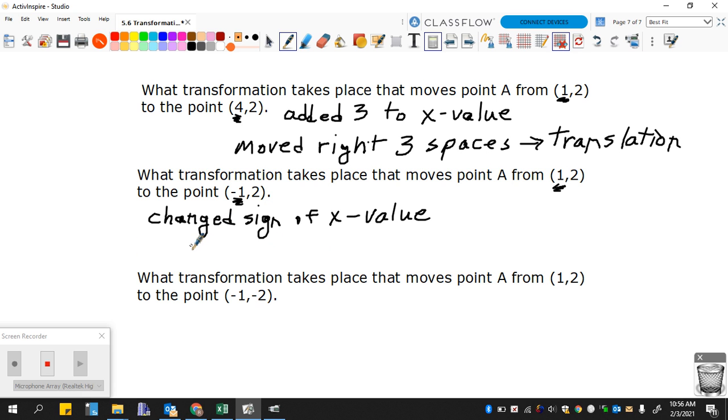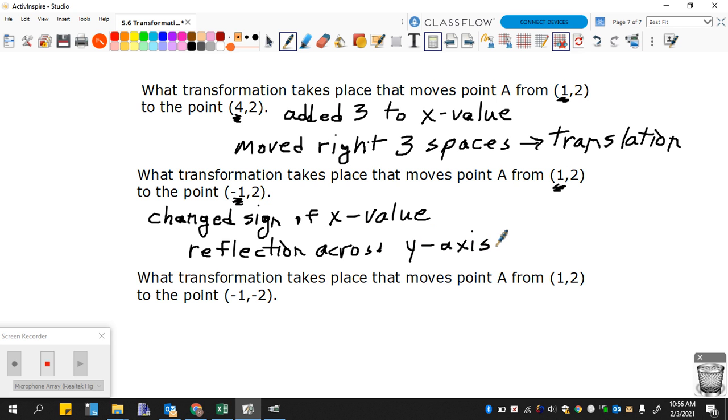If we look at the notes, reflection across the y-axis.